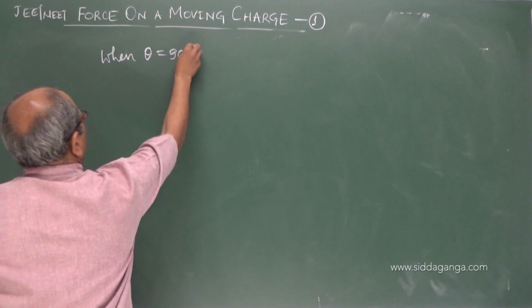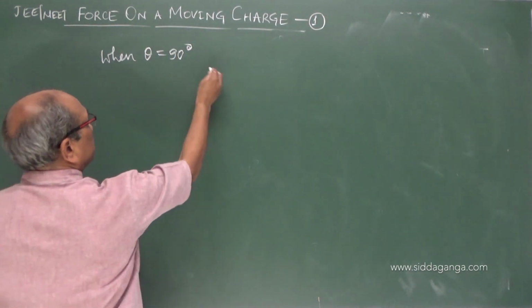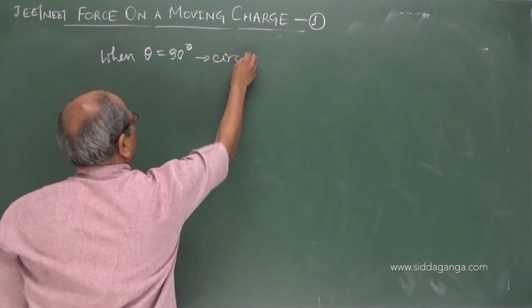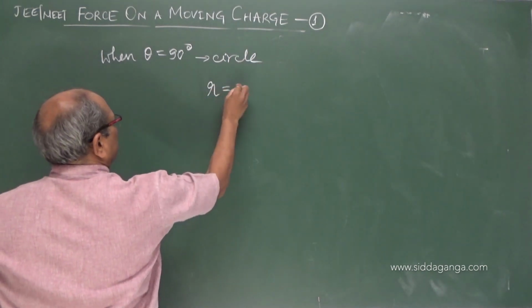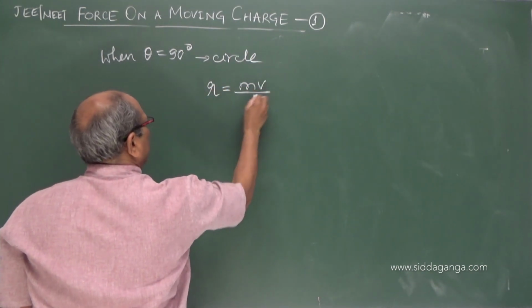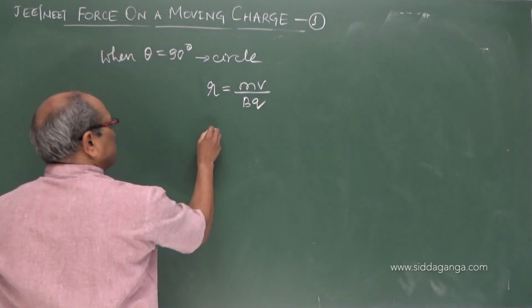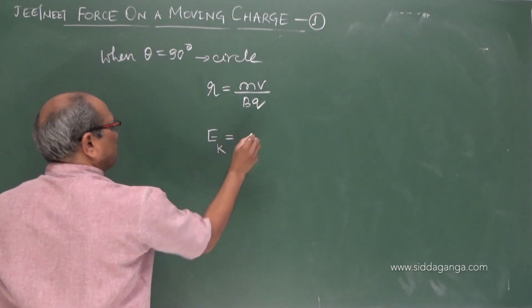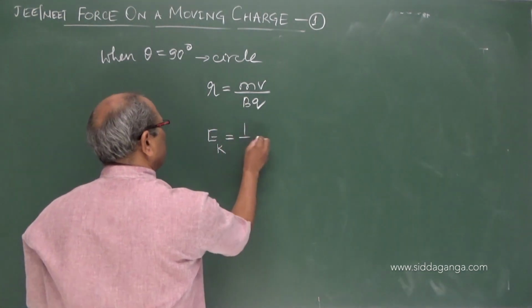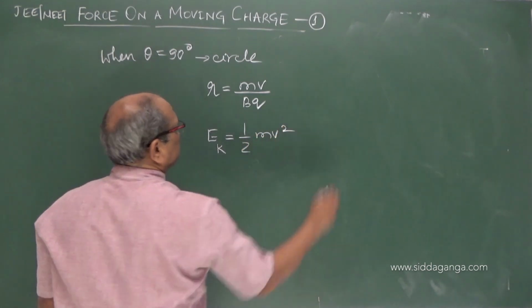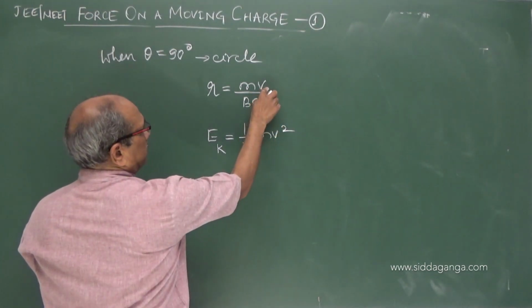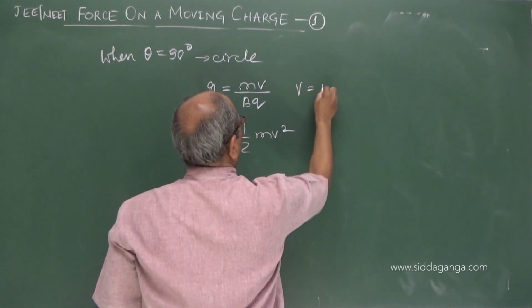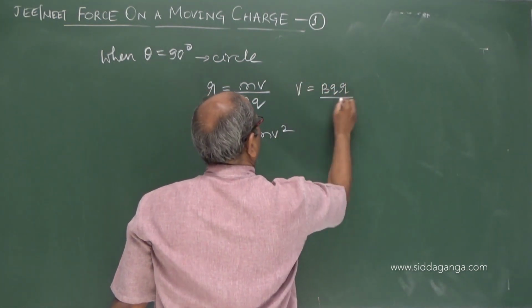When theta, the angle between B and V, is 90 degrees, it describes a circle, and we know the radius of this circle is mv upon bq. The kinetic energy of the charged particle is half mv square. We can use V equal to bqr by m.